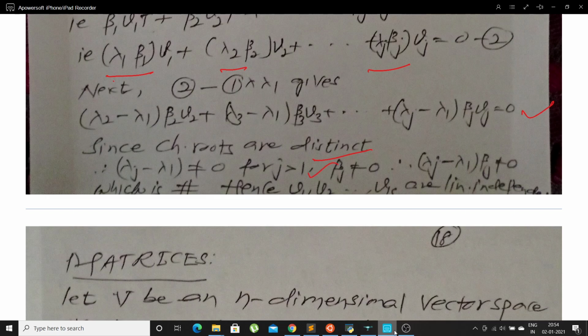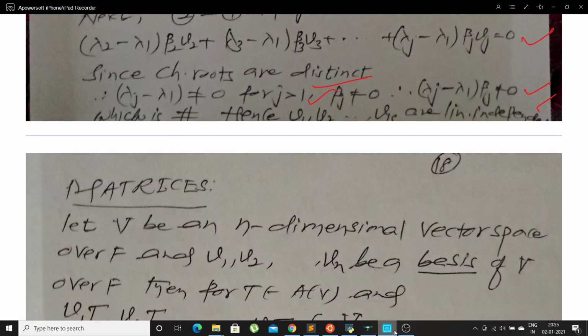It indicates the scalar is not equal to 0. A non-zero scalar means the vectors are linearly dependent, which is a contradiction. Therefore, the vectors should be linearly independent. This completes the proof of the important theorem.